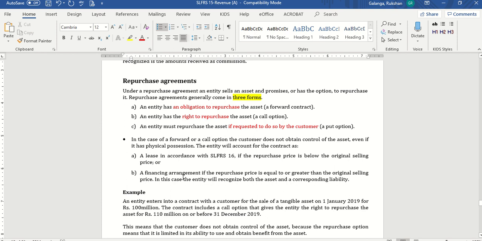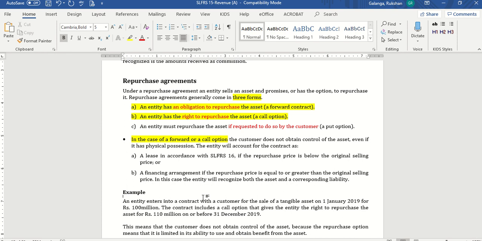Under the standard, in the case of a forward or a call option, that means in these first two scenarios, the customer does not obtain control of the asset. In these 2 scenarios, the customer is not getting control of the asset. Why?